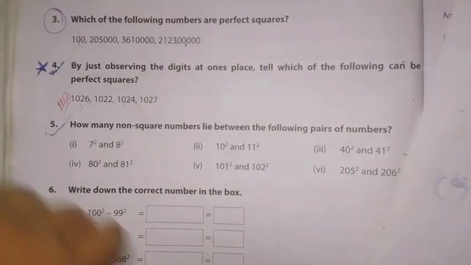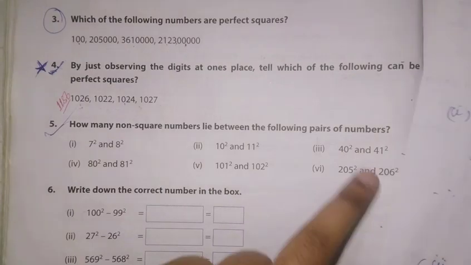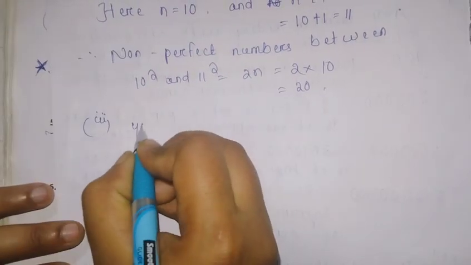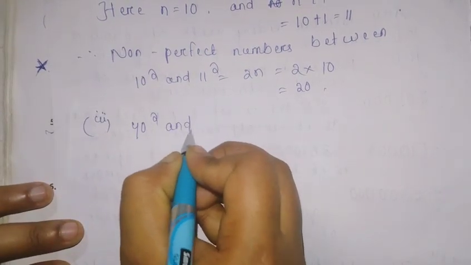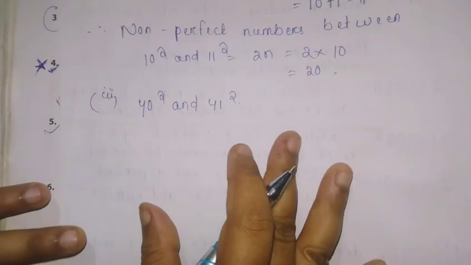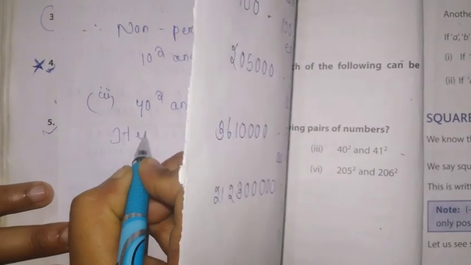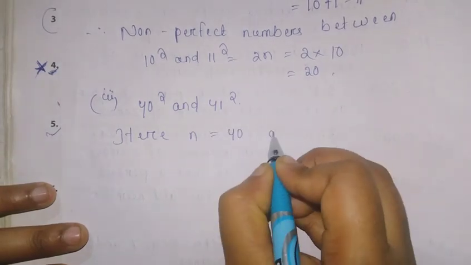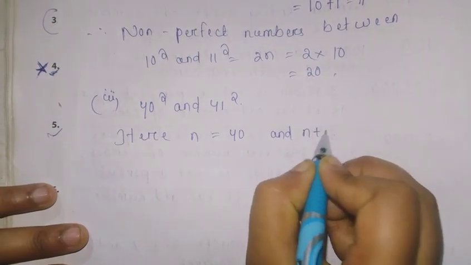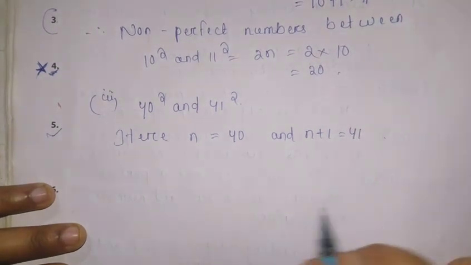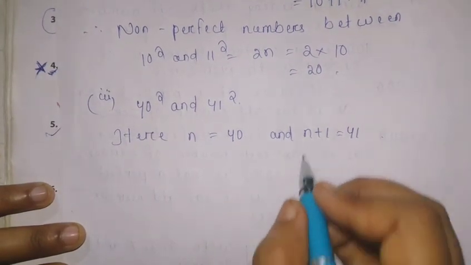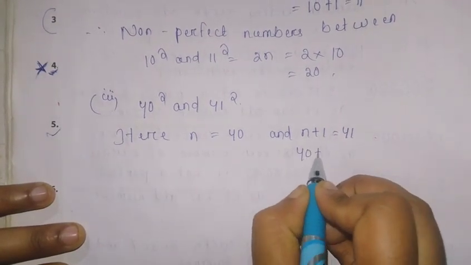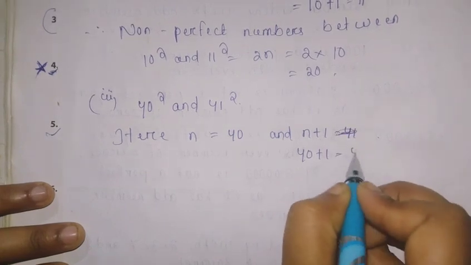Now we solve third: 40 square and 41 square. Here n equals 40 and n plus 1 equals 41, because 40 plus 1 equals 41.